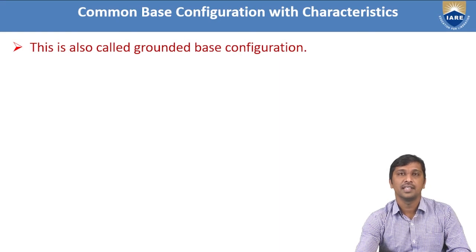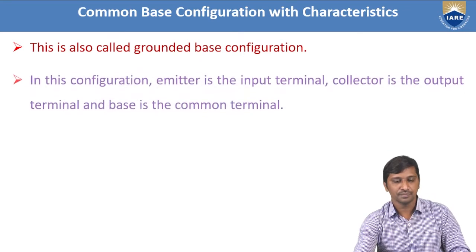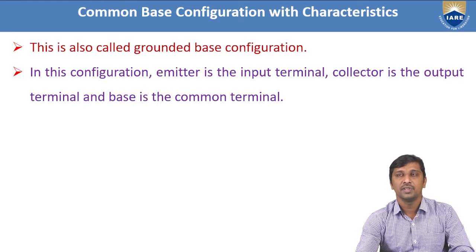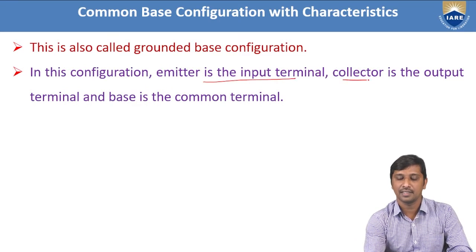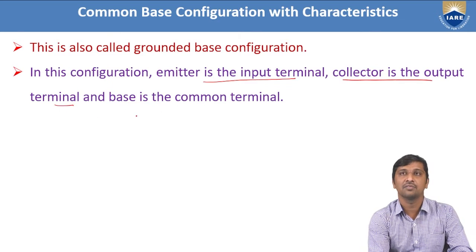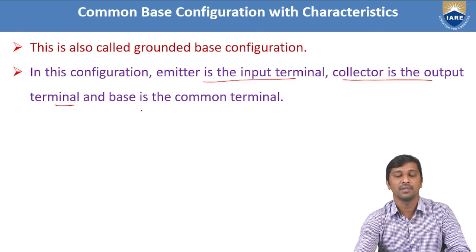For this representation, we choose the emitter as the input side and the collector as the output side, with respect to the common terminal, which is the base. So we represent the emitter as the input terminal and the collector as the output terminal, along with the base as the common terminal.